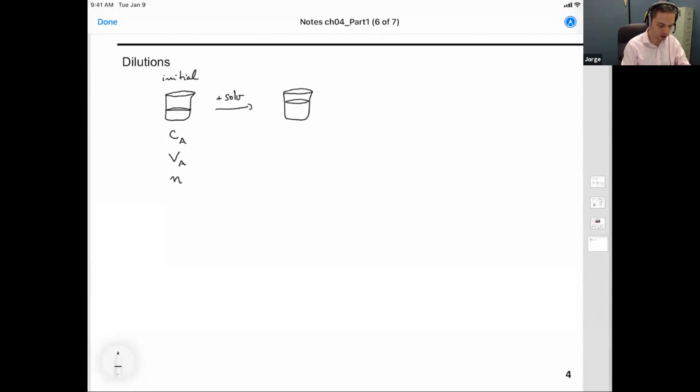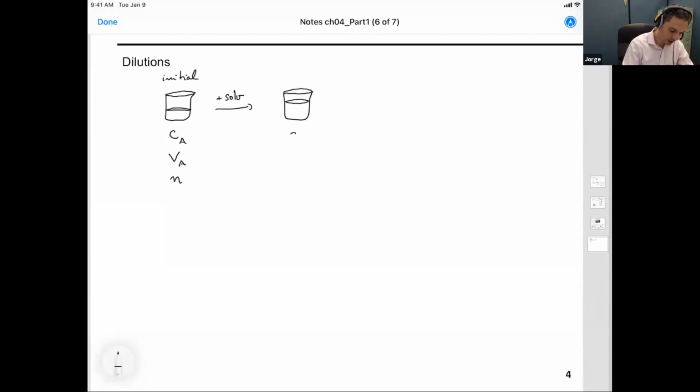Now I have the same amount of sample, however, in a larger volume. That's called dilution because the concentration is going to be decreased.